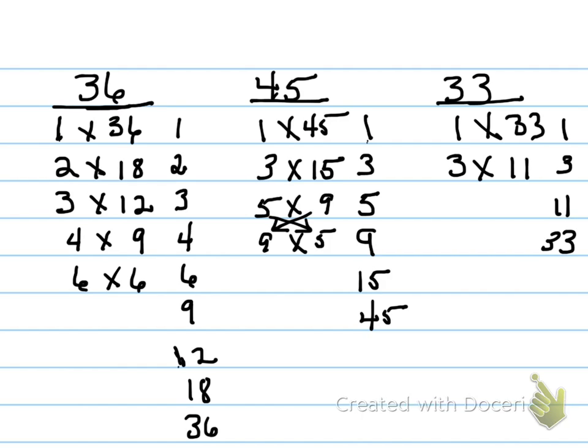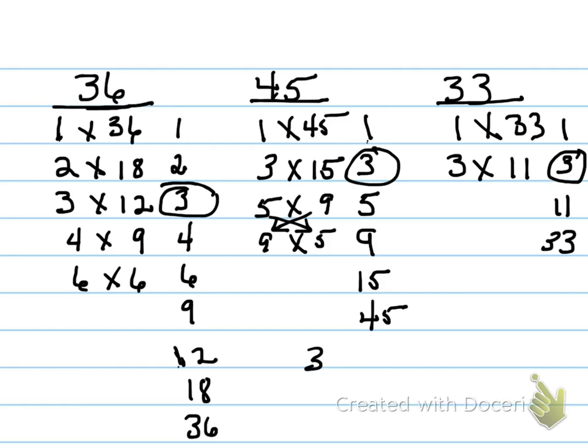Now, let's go back and see what factors are shared by 36, 45, and 33. Certainly they all share 1. Oh, look, not 2, but here, 3, 3, and 3. Do I see any other numbers that they share? Whoops, let's get there.